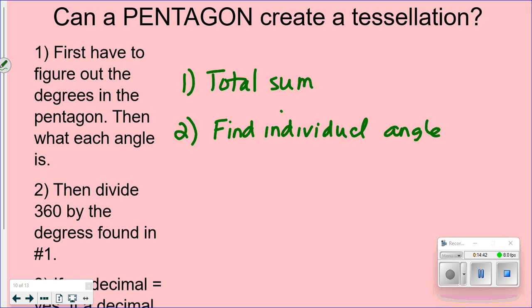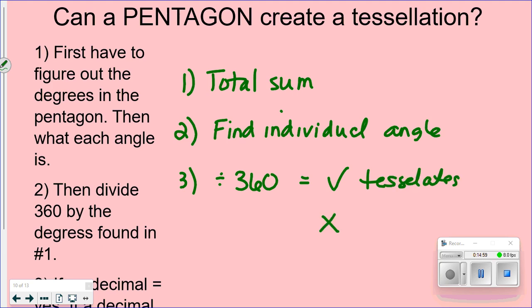And then the last thing is you're going to divide 360 by that angle to see if it tessellates. If it does divide evenly, it tessellates. And if it doesn't come out equal, it does not tessellate.